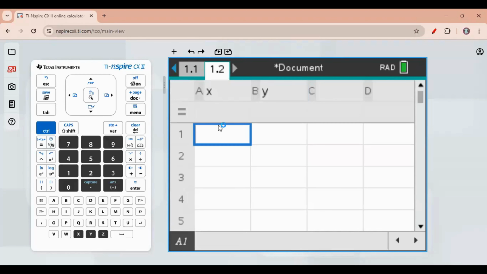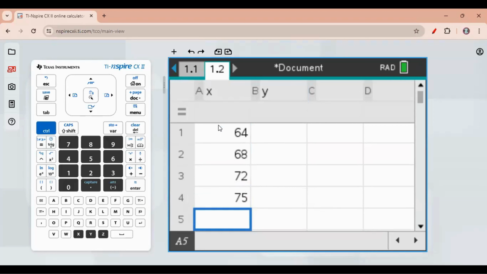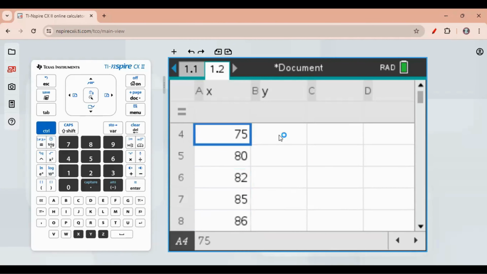On X and Y, we need to give the list in the same way. So 64 is the math score. So X I take as math score: 64 and then 68, 72, 75, 80. And this is very important. 82, 85, and 86.